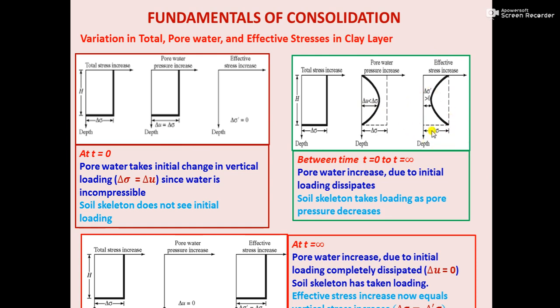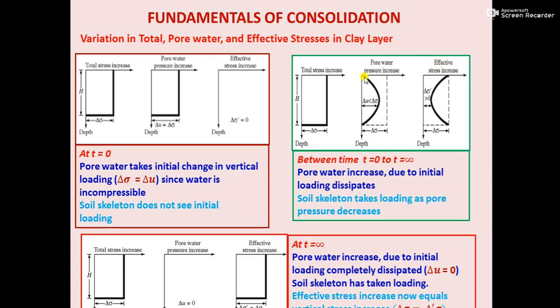And when the soil mass will be taking up this delta sigma part, you can understand now very easily that it takes a lot of time, because unless and until the water is moving out of these pore spaces, it will not leave any stress into the soil. So when it will start leaving that stress into the soil, at that time the effective stress in the soil mass will start increasing.